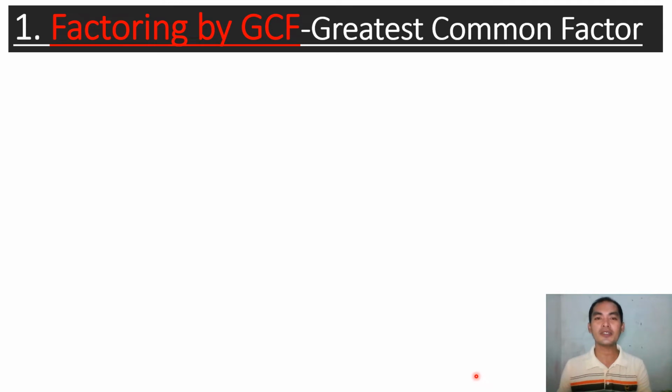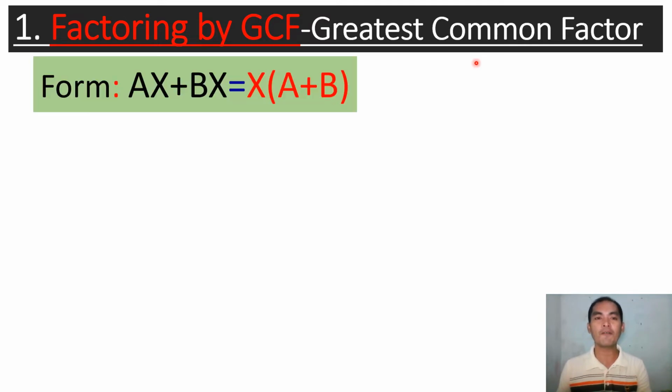Let's proceed to the types of factoring. The first type of factoring is factoring by GCF. GCF is greatest common factor. The form is ax plus bx is equal to x times the quantity of a plus b. Why?